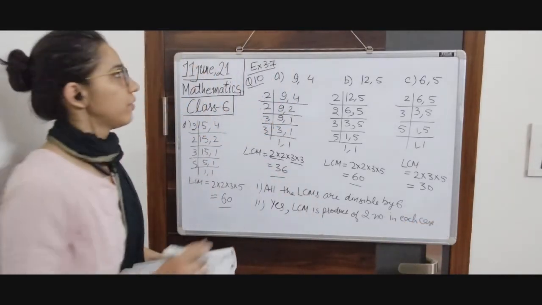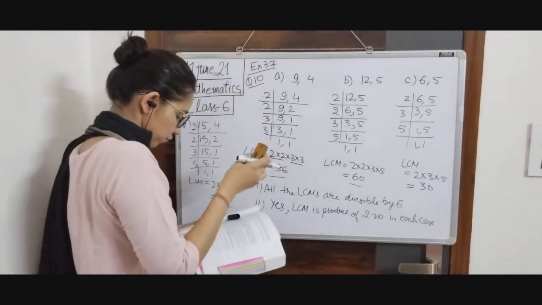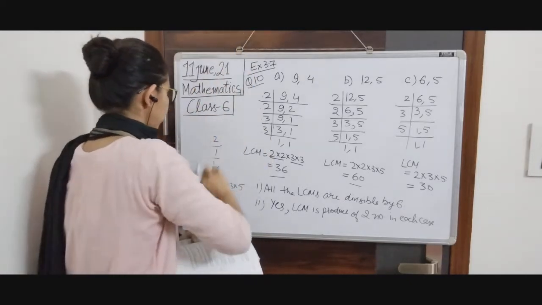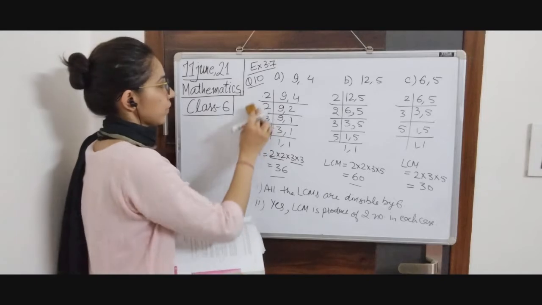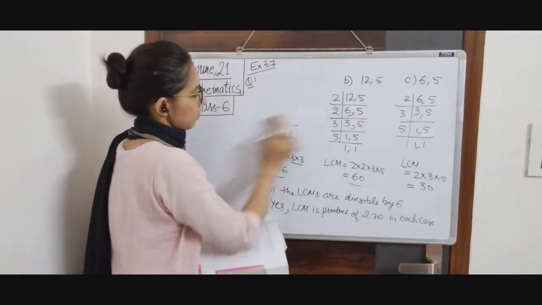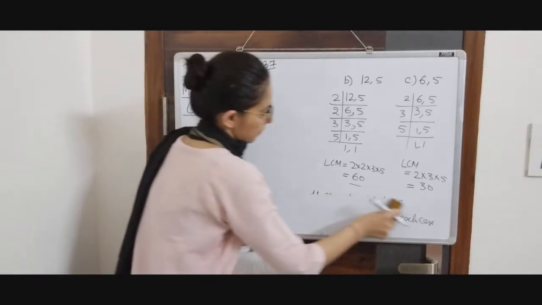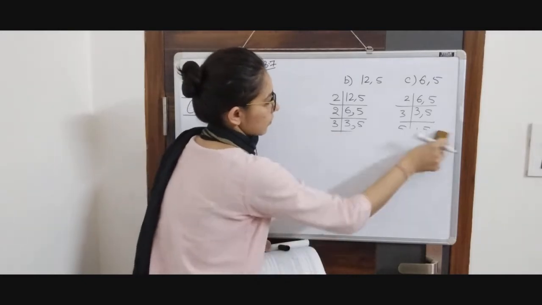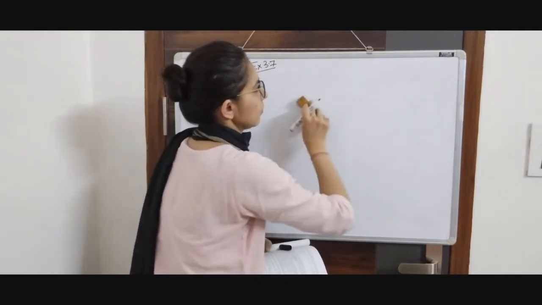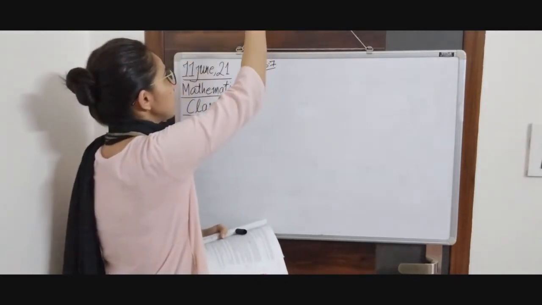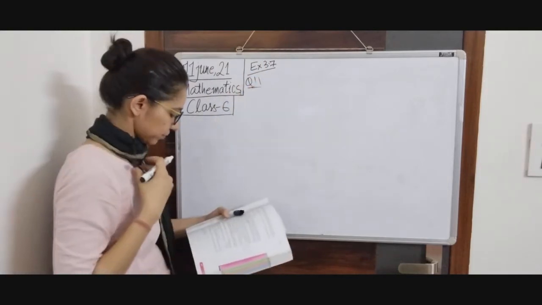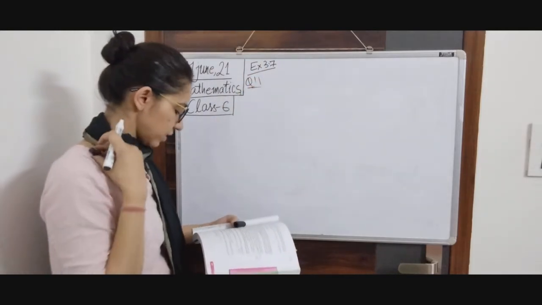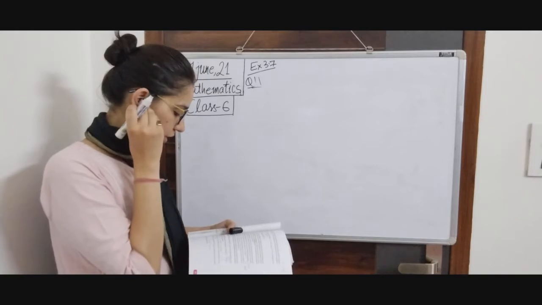Now question number 11. In question number 11, we have to find the LCM and again find the property. First A part is 5, 20.